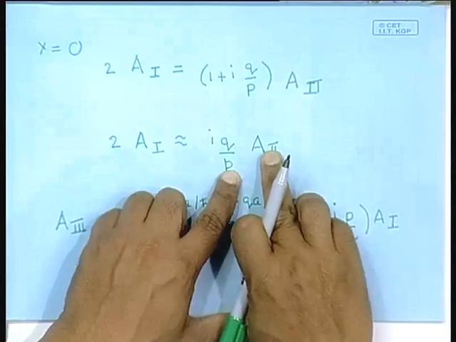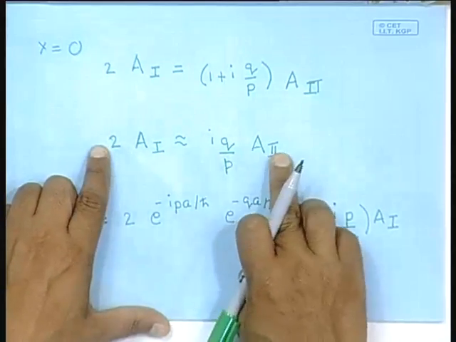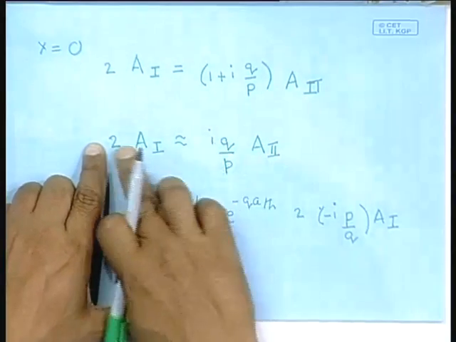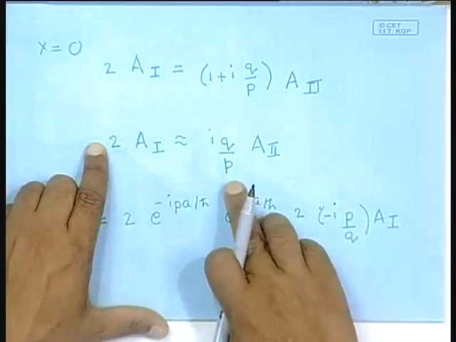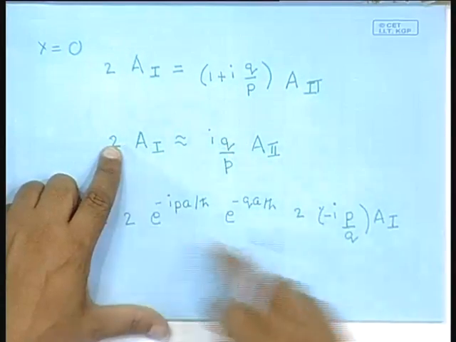So, we have expressed A2 in terms of A1. I have to take the i onto the other side, which gives minus i p in the numerator, q in the denominator.